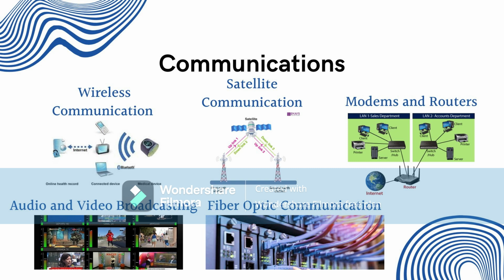And also for audio and video broadcasting, frequency response is used to minimize cross channel interference, and to broadcast at a specified frequency. And for fiber optic communication, an optical filter separates different wavelengths of light, allowing multiple data streams to travel through a single fiber.